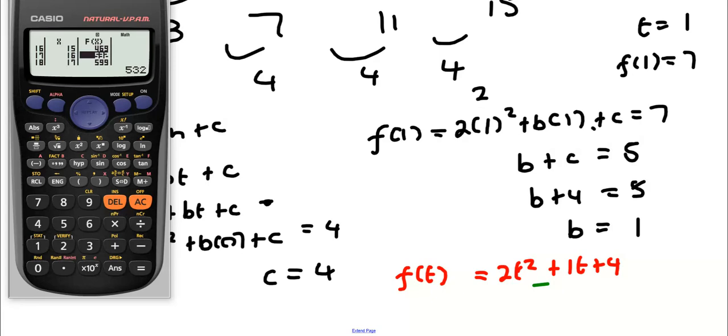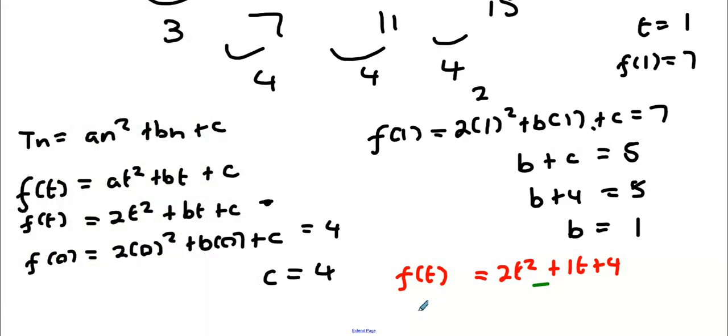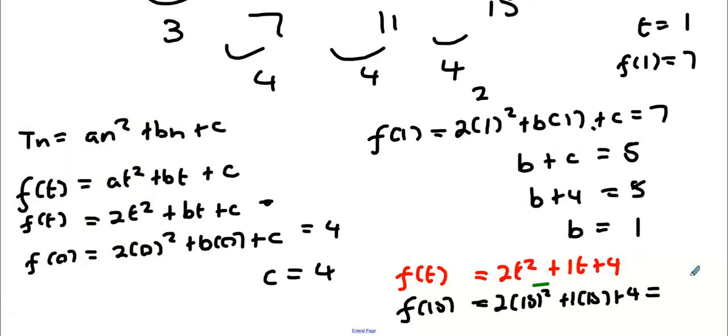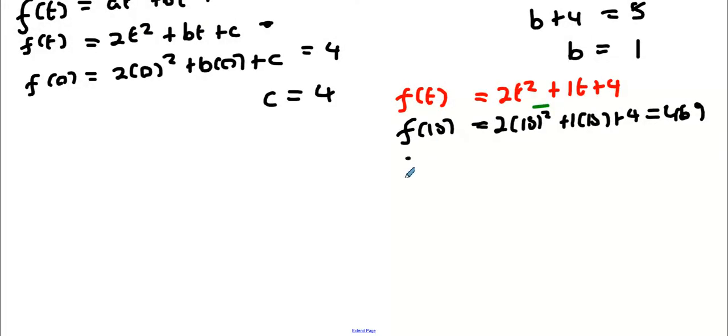Here's how you cheat your way to showing this. What I would say is, oh look, I tried F15. I say 2 times 15 squared plus 1 times 15 plus 4, and that gave me an answer of 469. Then the next thing I did was I tried F16.